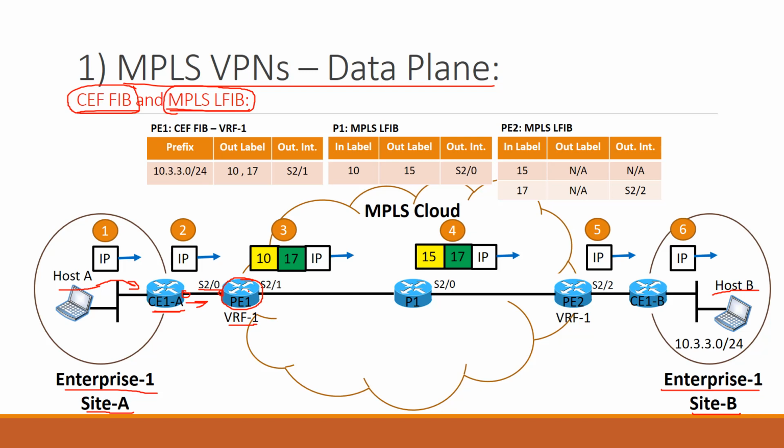It should check the CEF FIB. But because we are configuring MPLS VPN, and this unlabeled packet came from an interface that belongs to a specific VRF, provider edge 1 will check the CEF forwarding information base for VRF1.